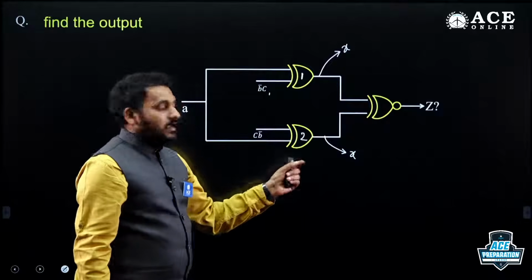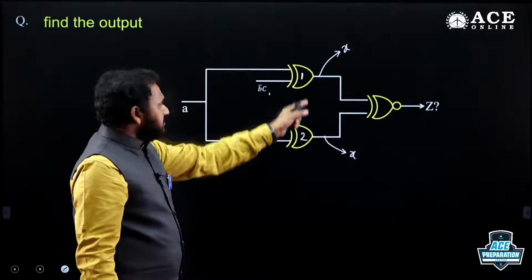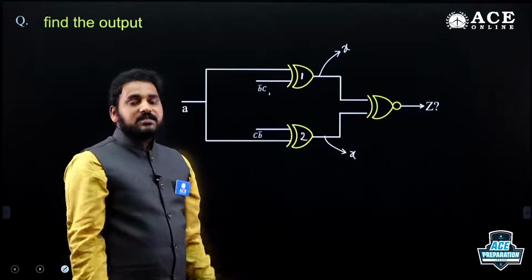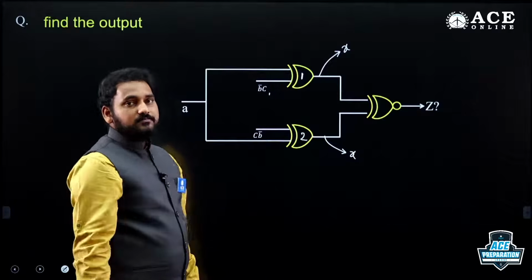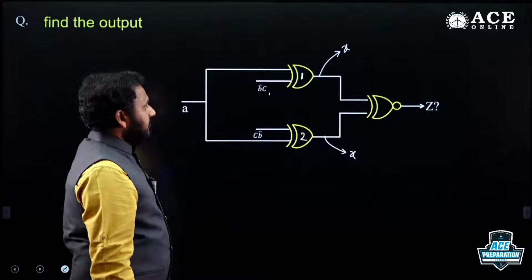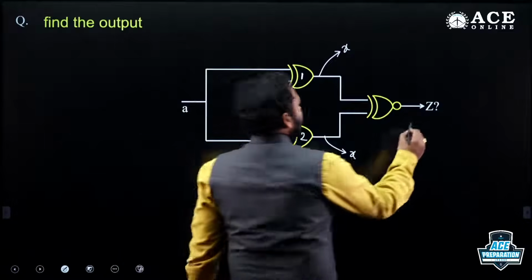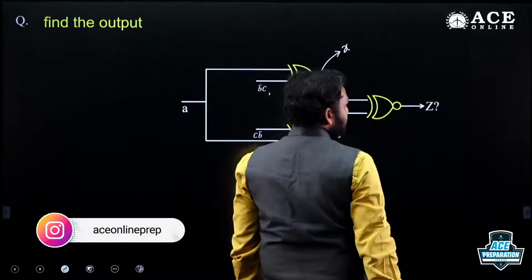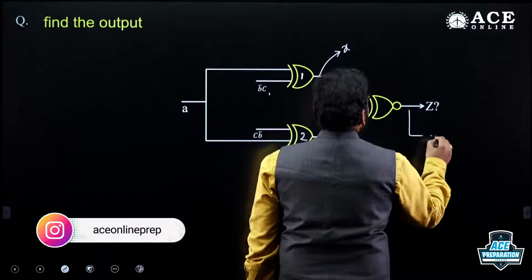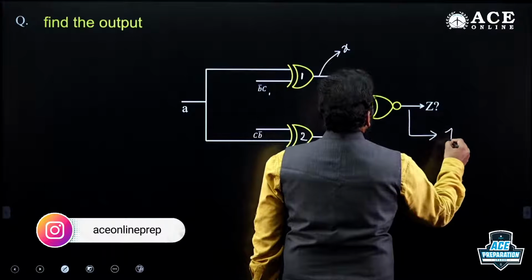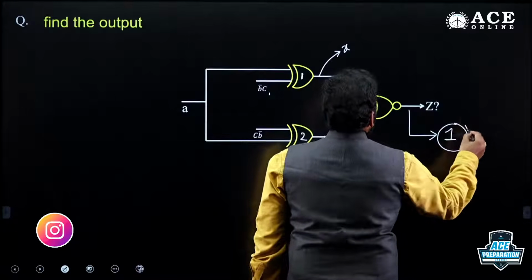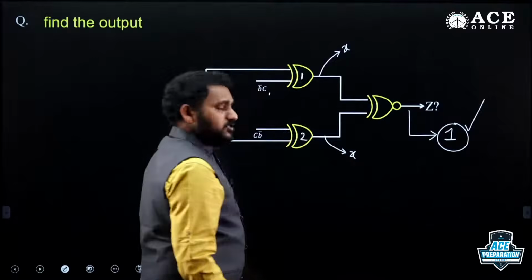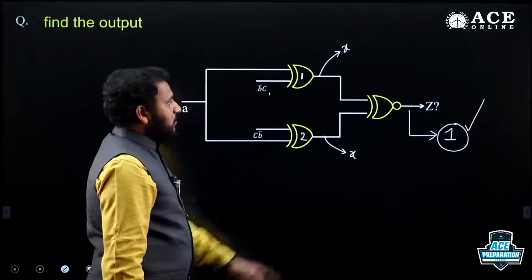I mean, since the operators are the same, you will get the same logic, like 1 or 0. Now, what is the output here? What is Z? Inputs are same. What is this? Coincident gate, XNOR gate, right? Coincident gate. So that output is 1. Inputs are the same, output is 1 because it is a coincident gate.